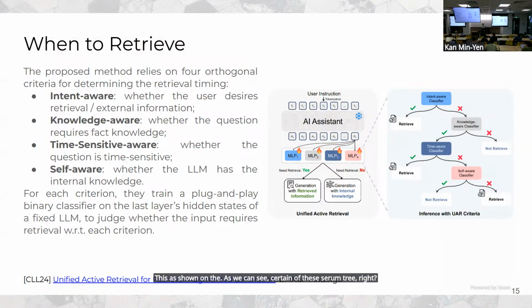The classifiers are activated based on the output of the previous classifier, and each determines whether to perform retrieval or not. So the idea is very straightforward, not that hard.